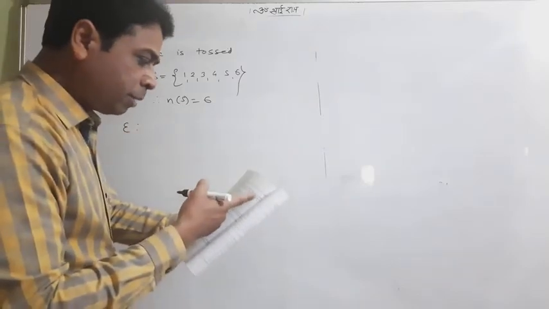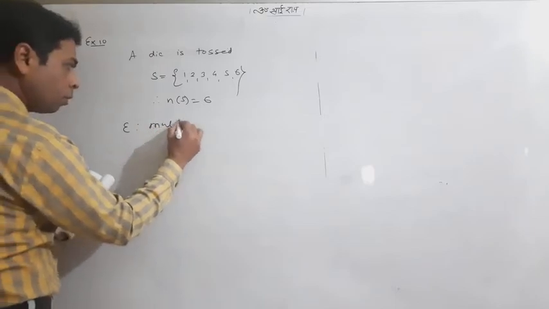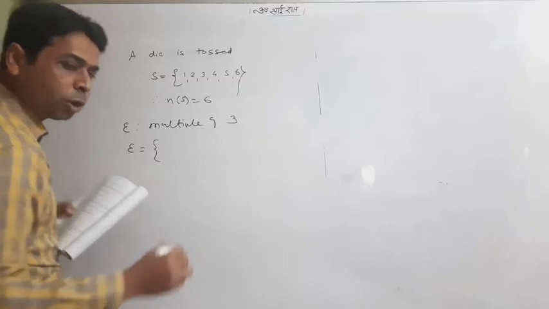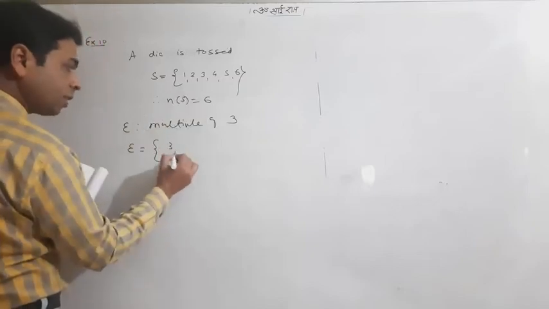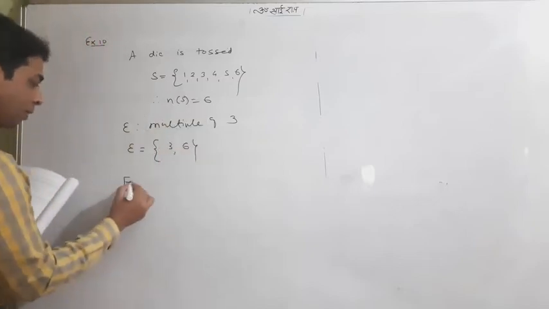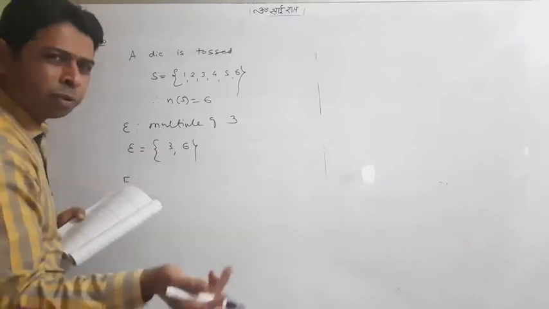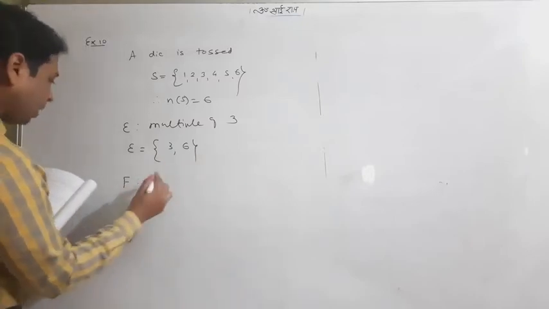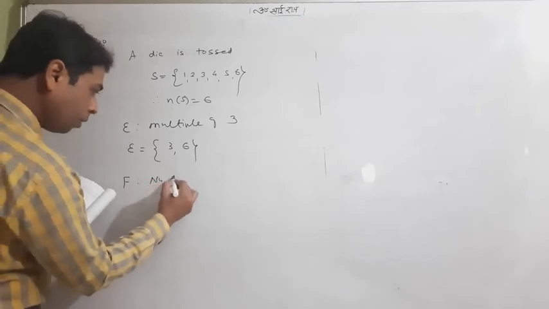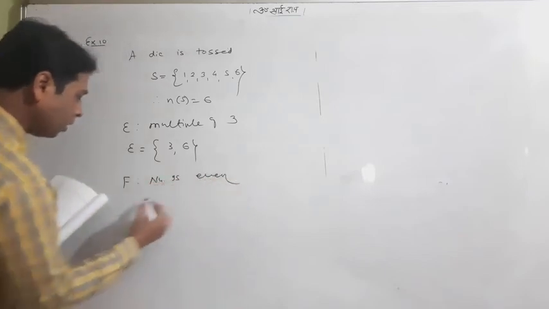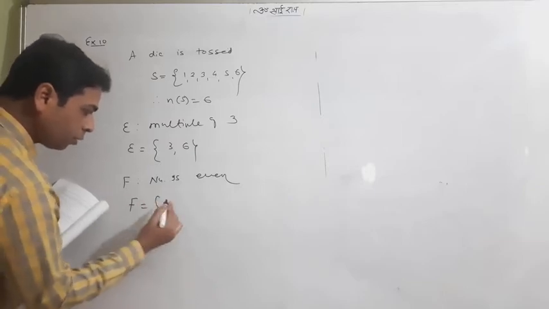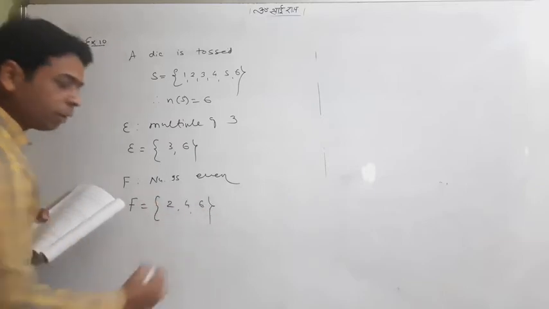The number appearing is a multiple of 3. What does E contain? Multiples of 3: 3 and 6. And F is the number being even, so F contains 2, 4 and 6.